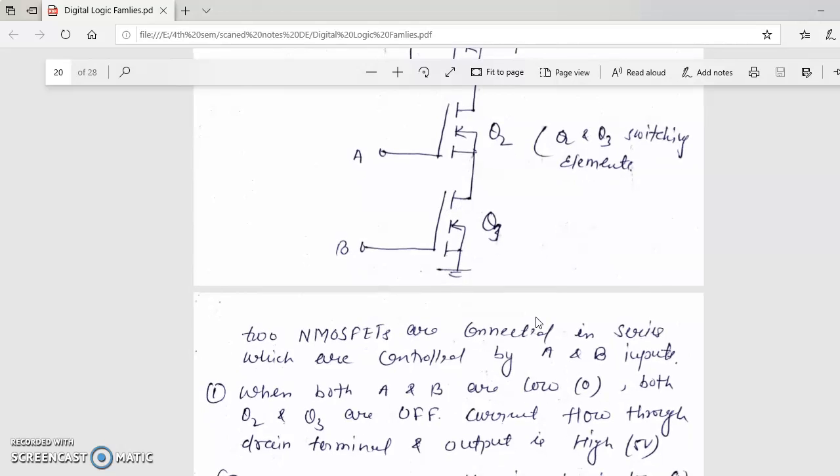If any one input, either A or B, is 0, then we also get output logic 1. And if both A and B are 1 1, then we get output logic 0.